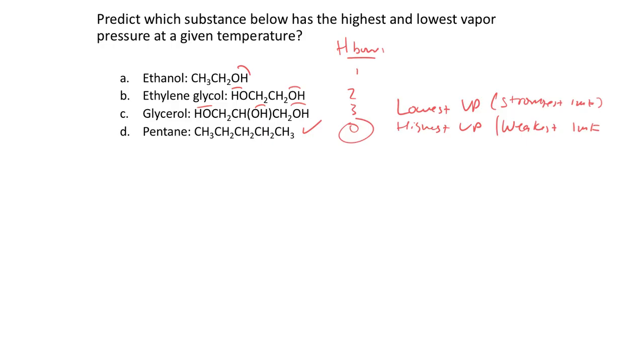So we'd expect the glycerol with the 3 hydrogen bonds to have the highest boiling point, and at a given temperature, the lowest vapor pressure. We'd expect anything that tracks with intermolecular forces to be the highest, like the highest viscosity and the highest surface tension, because those properties are directly proportional to the strengths of intermolecular force.